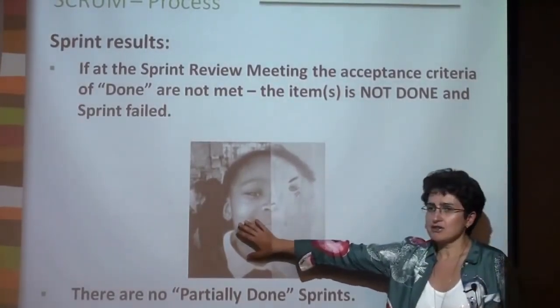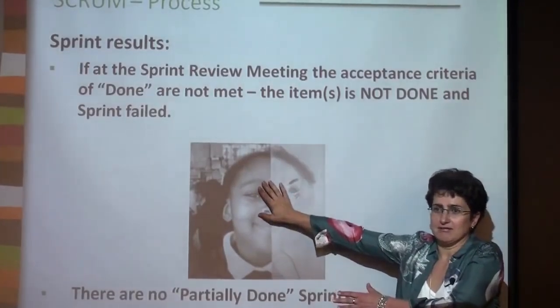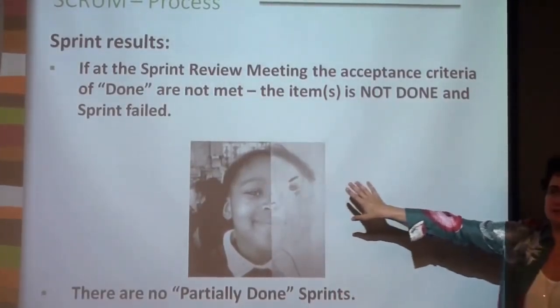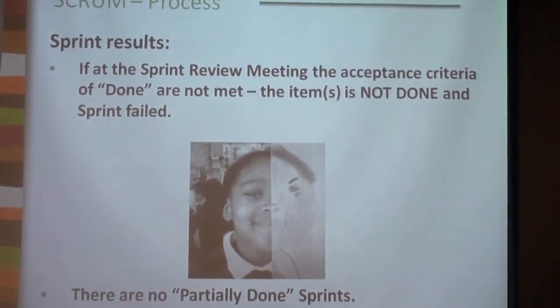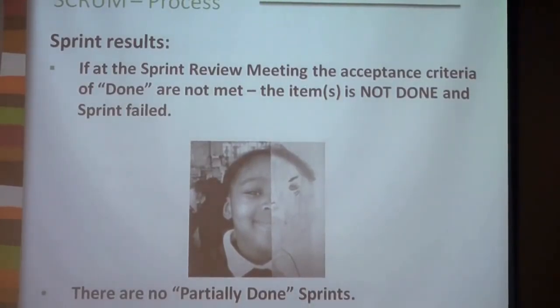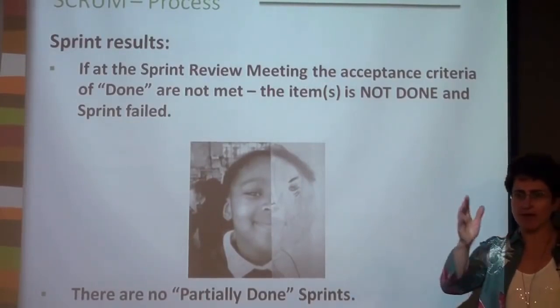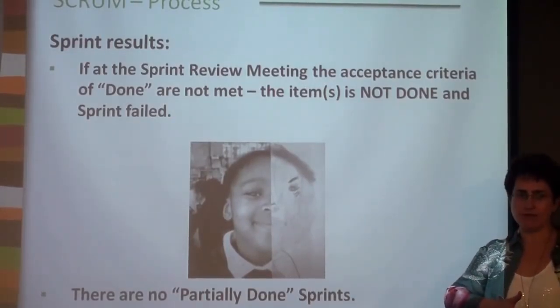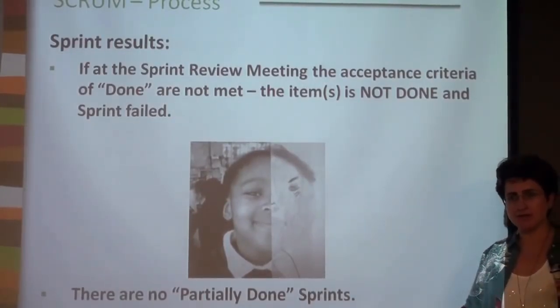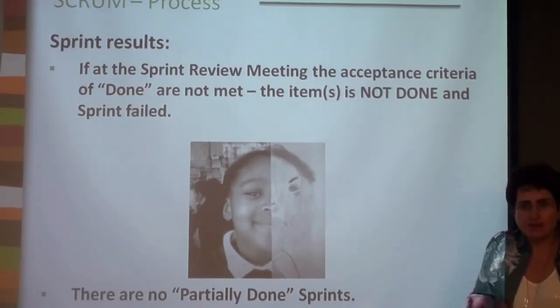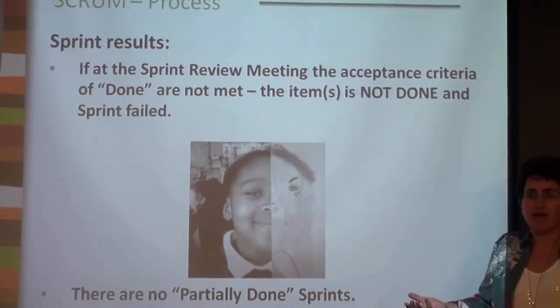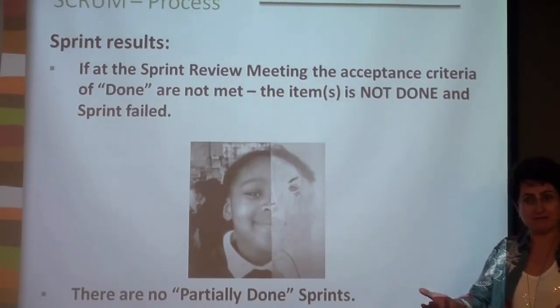It is either done or not done. This one is not done, it's half done. So a result like this is not considered to be finished. There are no partially done sprints. Either you completed everything that you planned for, and then your sprint succeeded, or you didn't complete everything that you planned for, and then your sprint failed.